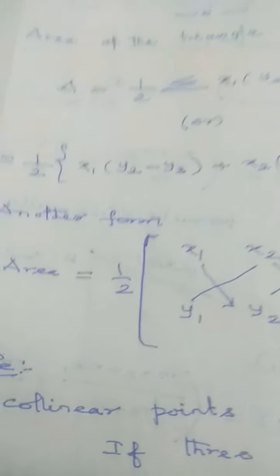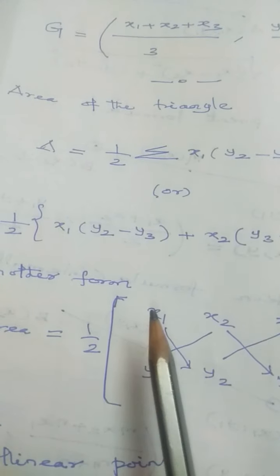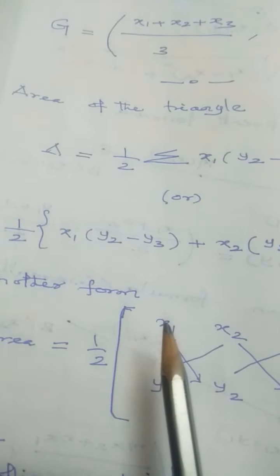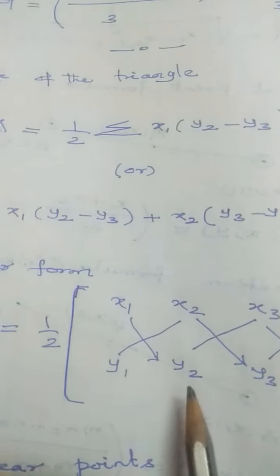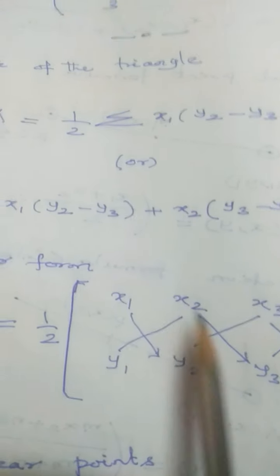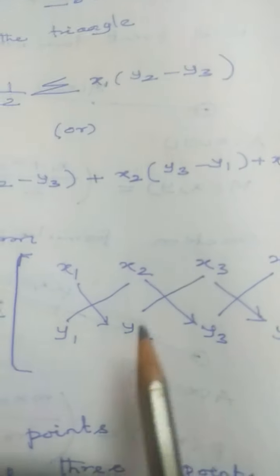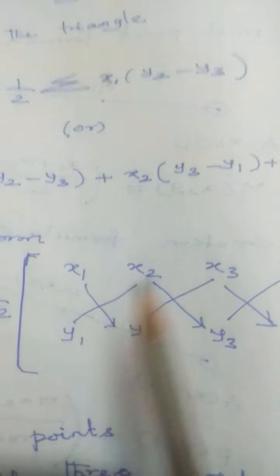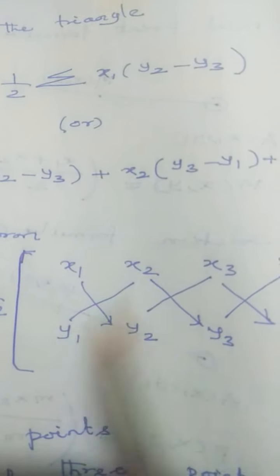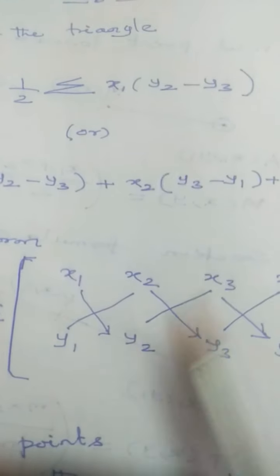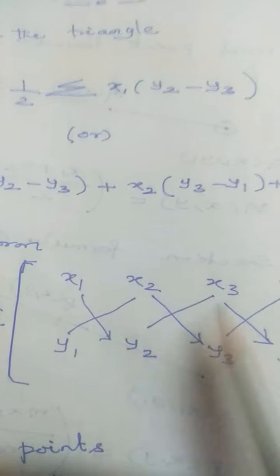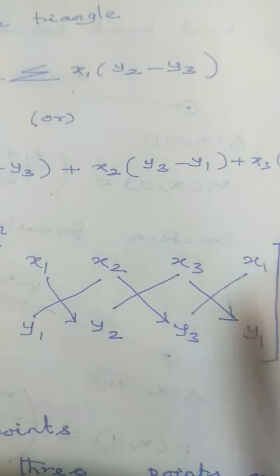Then the expansion: 1 by 2 into (x1 y2 plus x2 y3 plus x3 y1) minus (y1 x2, going downwards, again minus y2 x3, then minus y3 x1).